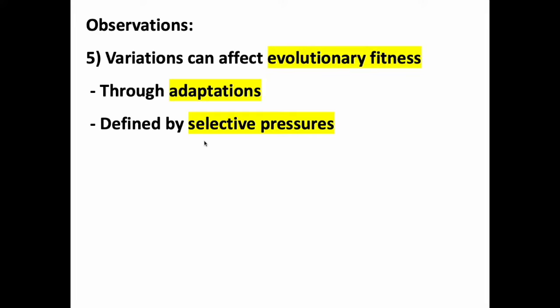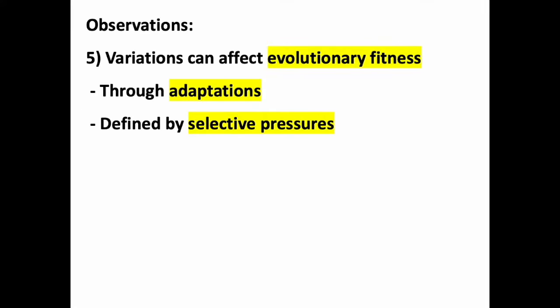So this is kind of vague. A selective pressure is any force, any factor, anything that is choosing what is good and bad, what is an adaptation and what is not an adaptation, what is going to help you survive and reproduce or not. Let's look at an example of this, because this is a lot of vague terminology.